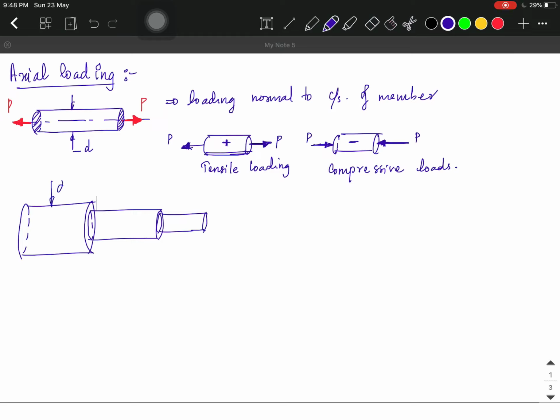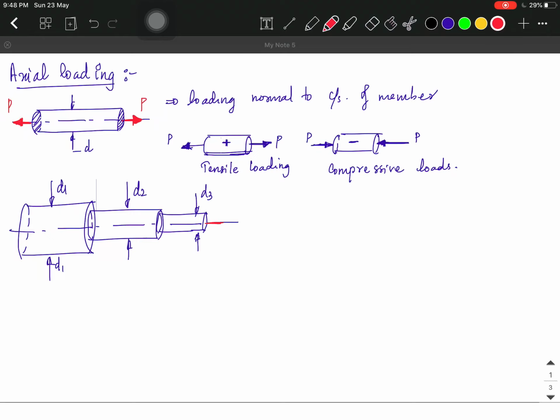We have diameter d1 over here, diameter d2 over here, and d3 over here, and let's suppose this is the central axis of this shaft.